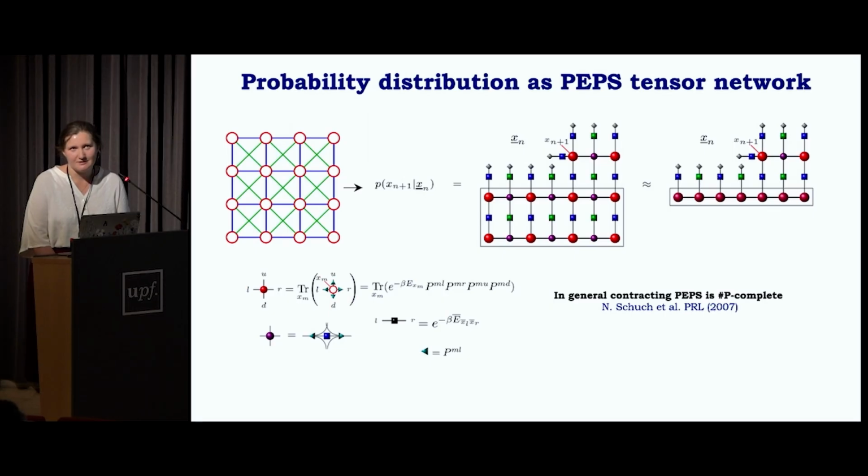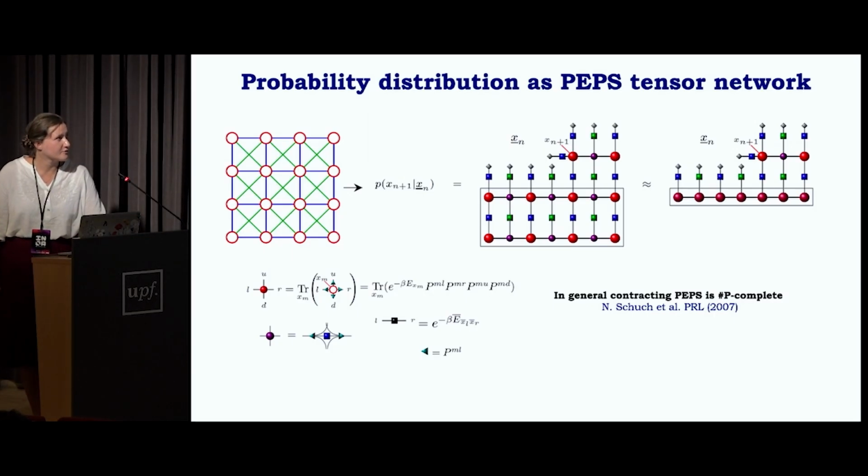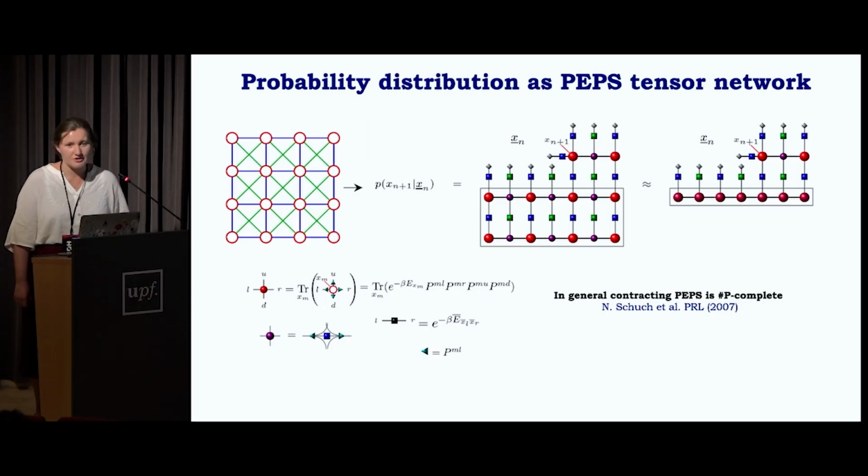In the context of tensor networks, this hardness manifests itself in the fact that contracting a general PEPS tensor network is #P-hard. So it's even harder than NP because it contains information not only about the ground state, but also about the full low energy spectrum. That's why we use approximate contraction techniques.